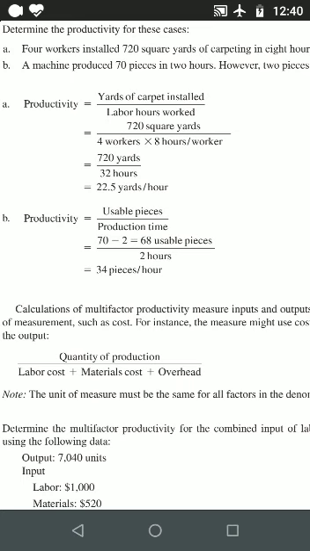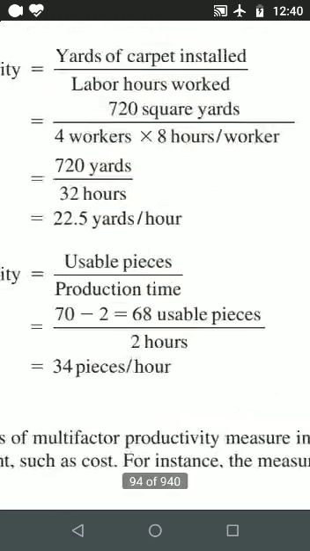So the formula, as I told you, for productivity is output upon input. Here the input is only the labor, because no information about the material is given. So in this case we will be using the single factor productivity, because only one factor, that is labor, is being used here. So now how to calculate the productivity?